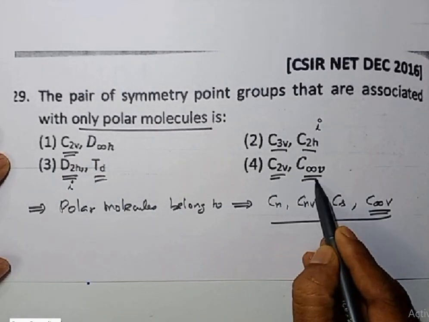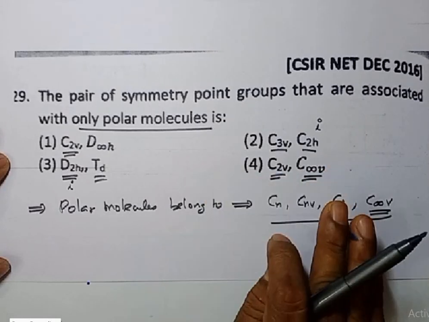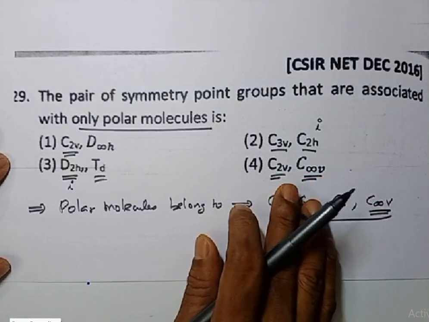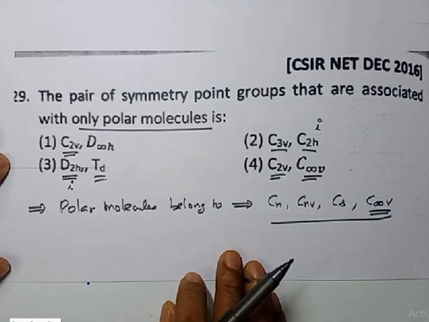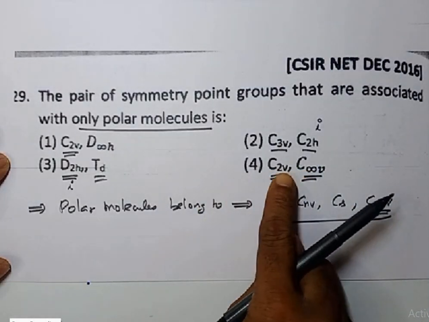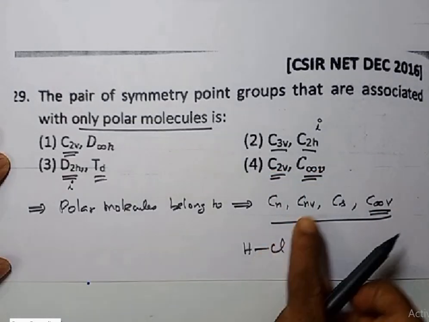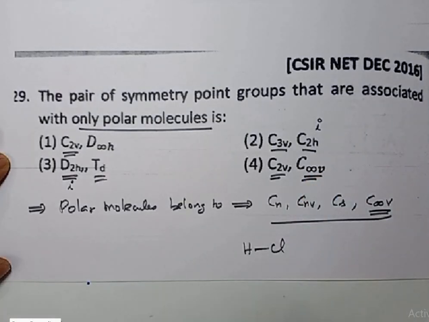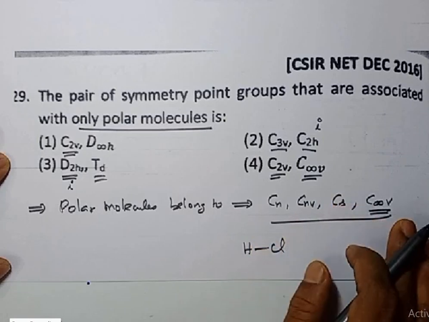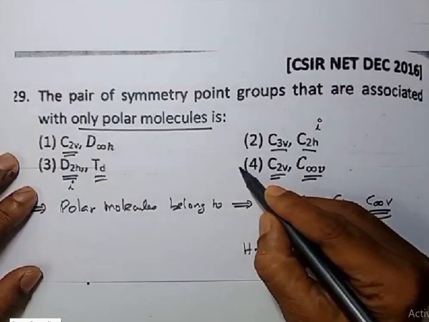C2v and C infinity v do not have a center of symmetry and they are low symmetric. They have a dipole moment. For example, the water molecule is polar and belongs to the C2v point group. HCl is polar and belongs to the C infinity v point group. So polar molecules belong to Cn, Cnv, Cs and C infinity v point groups. Take note. So the correct option for this question is option 4.